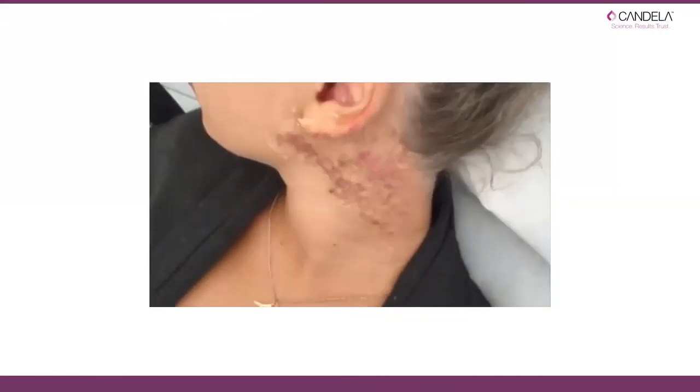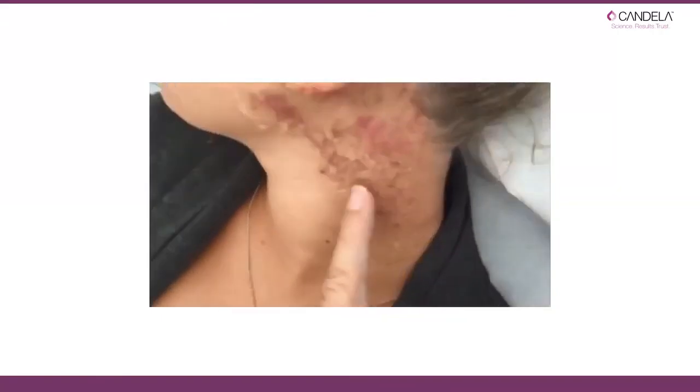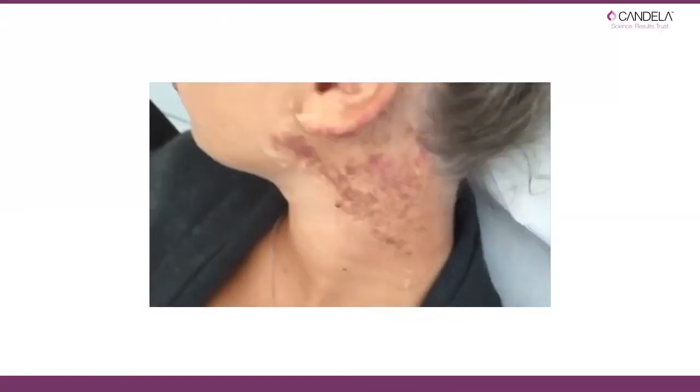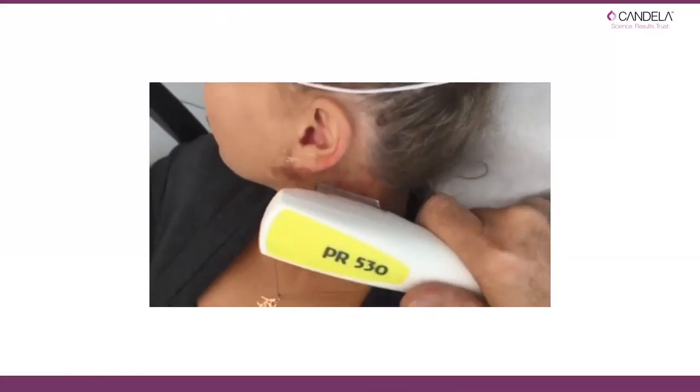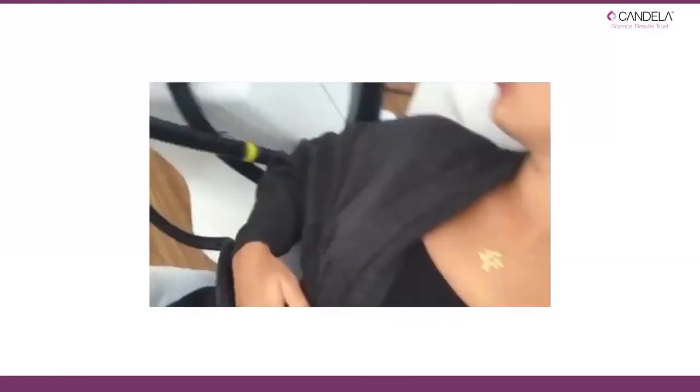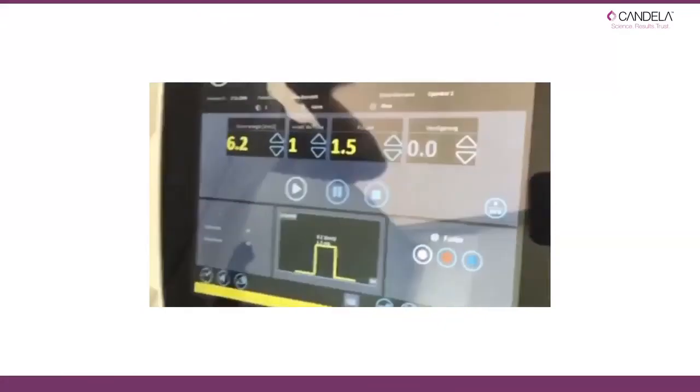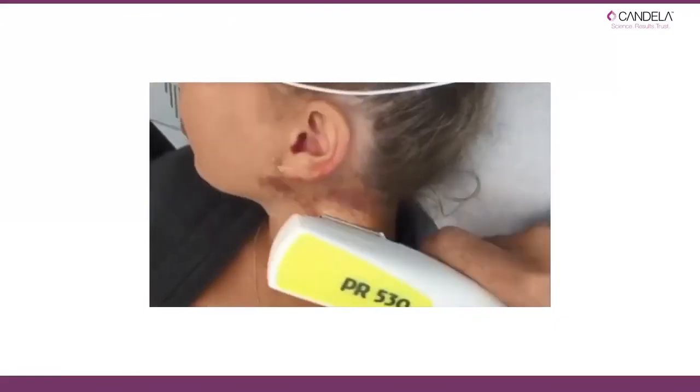But you can see immediately after the treatment, we're getting some clearance of this port wine stain. Short pulse, 1.5 milliseconds, and a reasonable energy at just over 6 joules.